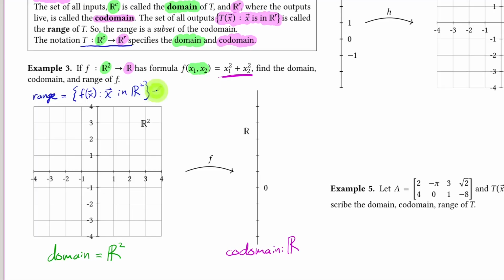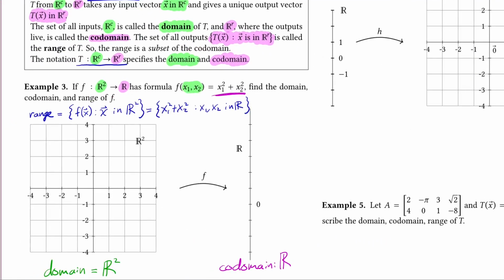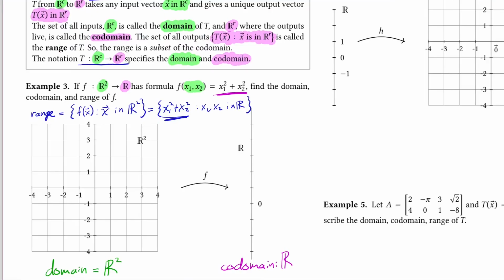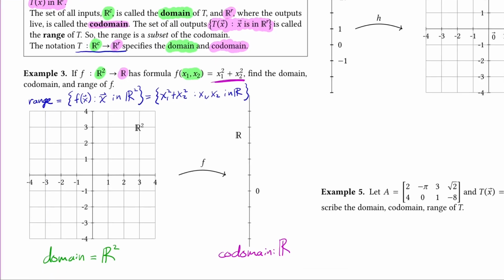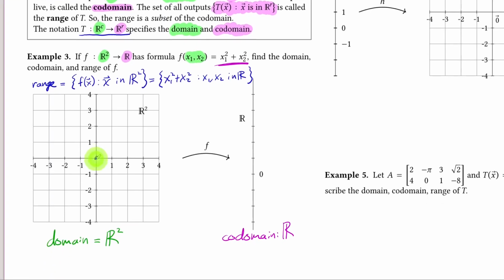So what kinds of things can you actually get? Well, f of x is defined as x1 squared plus x2 squared. And what happens when you square real numbers? You just get a positive real number, maybe 0. Like if your input x is 0, then your output is going to be 0 right here. That's 0 squared plus 0 squared. Otherwise, you're going to get positive numbers.